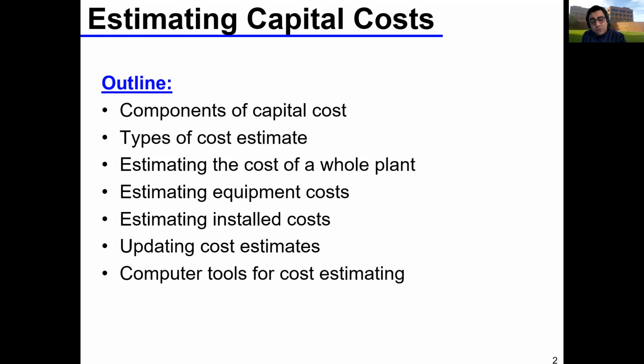Aspen has a very useful tool for cost estimation. It used to be part of the Aspen Plus package, but now it's a spin-off. It's called Aspen Economics something.